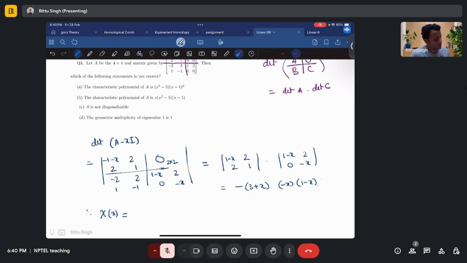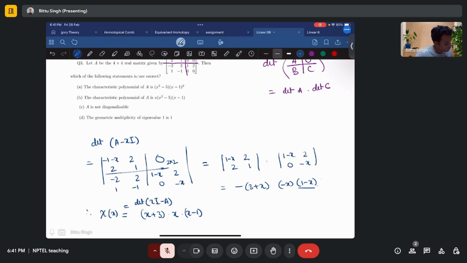So we need to multiply with a negative sign so that it becomes x plus 3. 3 plus x is the same as x plus 3, and then it is x, and multiplying with the negative sign it will be x minus 1. So this is chi of x, because we know chi of x is the same as det of xI minus A. That's why we need to multiply with a negative sign. So this is the characteristic polynomial.